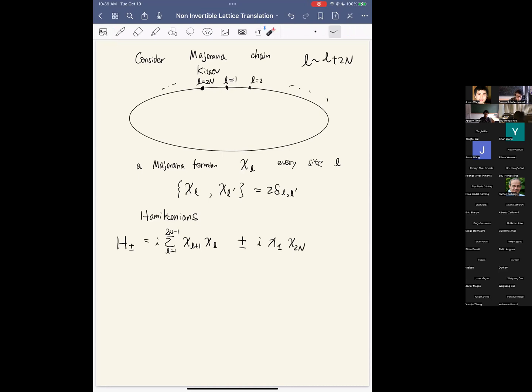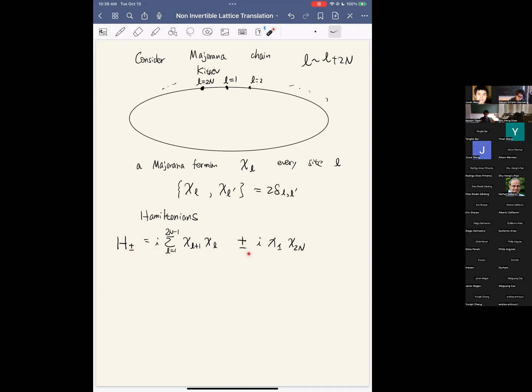All right, so what just happened? We have 2n Majorana fermions in this new lattice model. So far, it has nothing to do with Ising. I consider 2 kinds of Hamiltonians. Both are nearest neighbor interaction. The H plus is the one with periodic boundary condition. So it's the same sign as the rest of the terms.